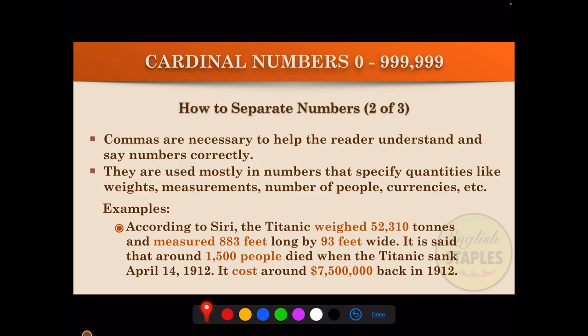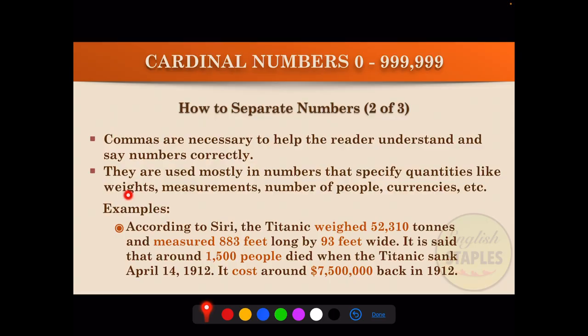Commas are necessary to help the reader understand and say numbers correctly. They are used mostly in numbers that specify quantities like weights, measurements, number of people, currencies.